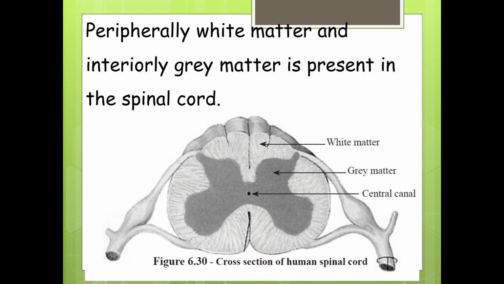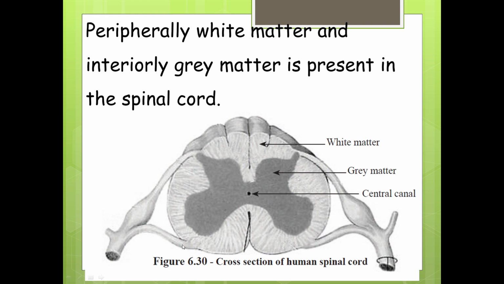Children, if you take a thin slice of your spinal cord, it looks like this. It's a cross section. These are the spinal nerves. Here a pair of spinal nerves is given. I told you the spinal nerve is connected to the spinal cord by two roots, here the dorsal root and here the ventral root.